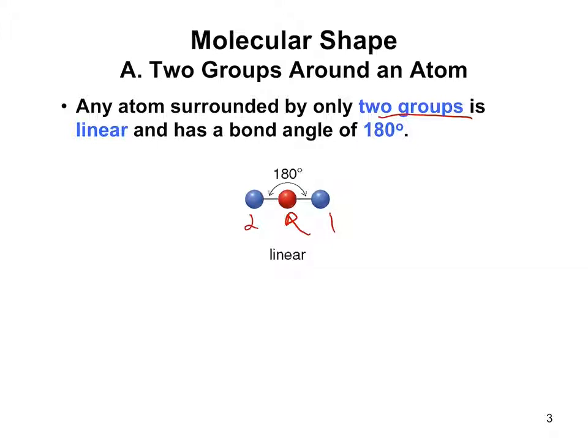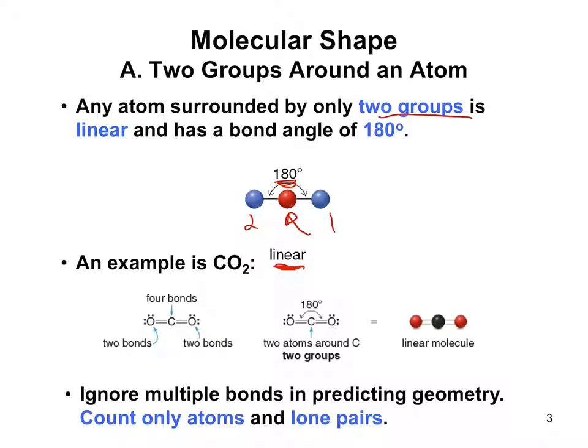In other words, a bond angle of 180 degrees, because those two groups want to get as far apart from each other as possible. That's why they're at 180 degrees from one another, and we call that linear. You might be asked to first draw the Lewis structure and then predict the shape. In order to predict the shape, you would note down the bond angle and the name of the shape. So linear and 180 degrees in this case.